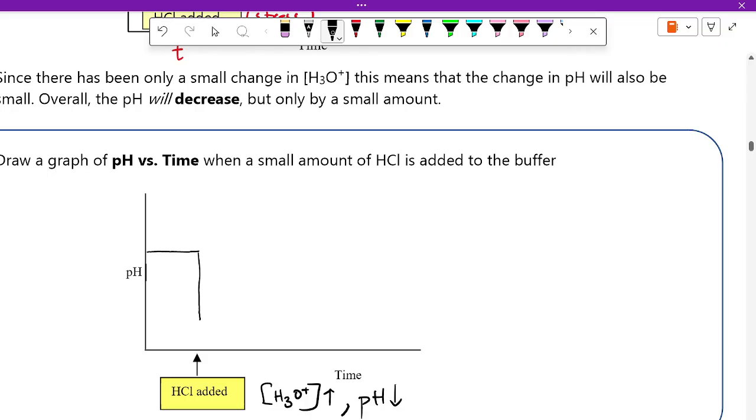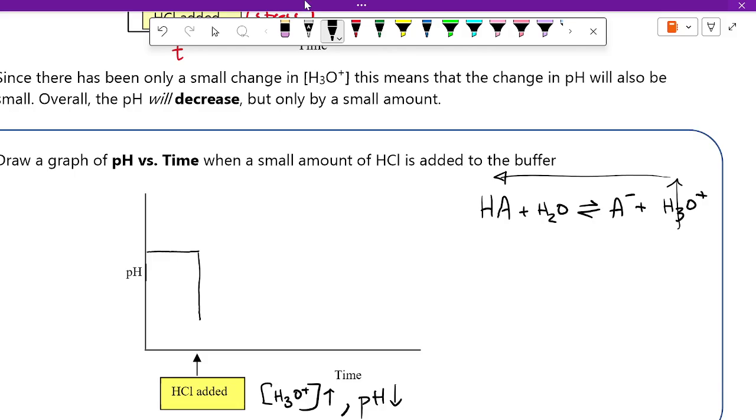And then, as we shift to the left, I'm just going to call it HA because acetic acid is too long to write. So as this goes up, we shift to the left, and H3O+ goes up, pH goes down.